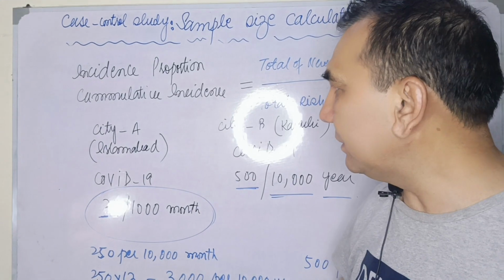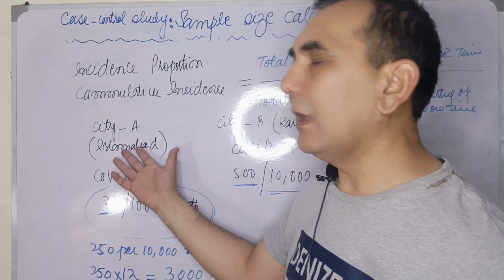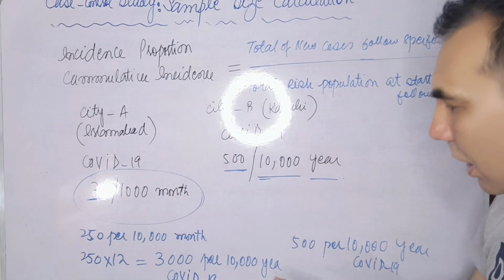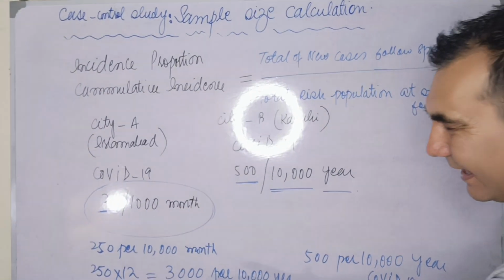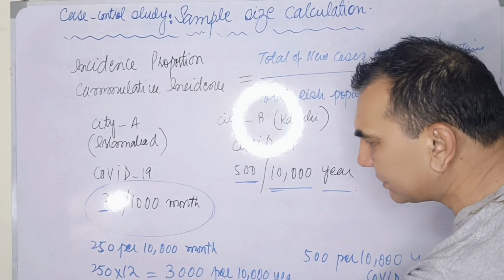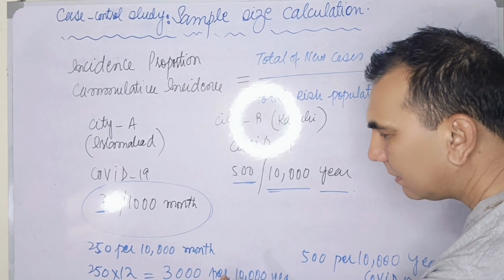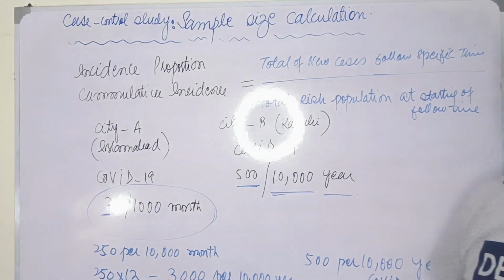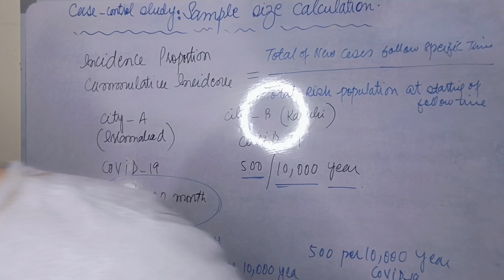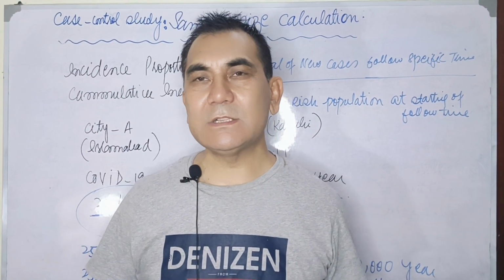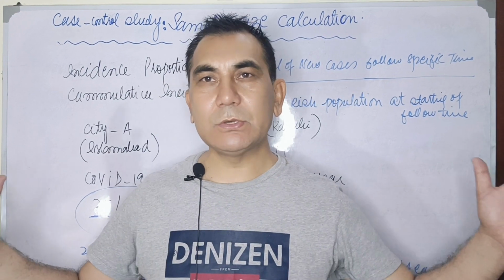Now you can say the incidence rate of COVID-19 in Islamabad is quite a lot higher compared to Karachi. So by this way you can calculate the incidence rate and compare it between two populations or between two cities.